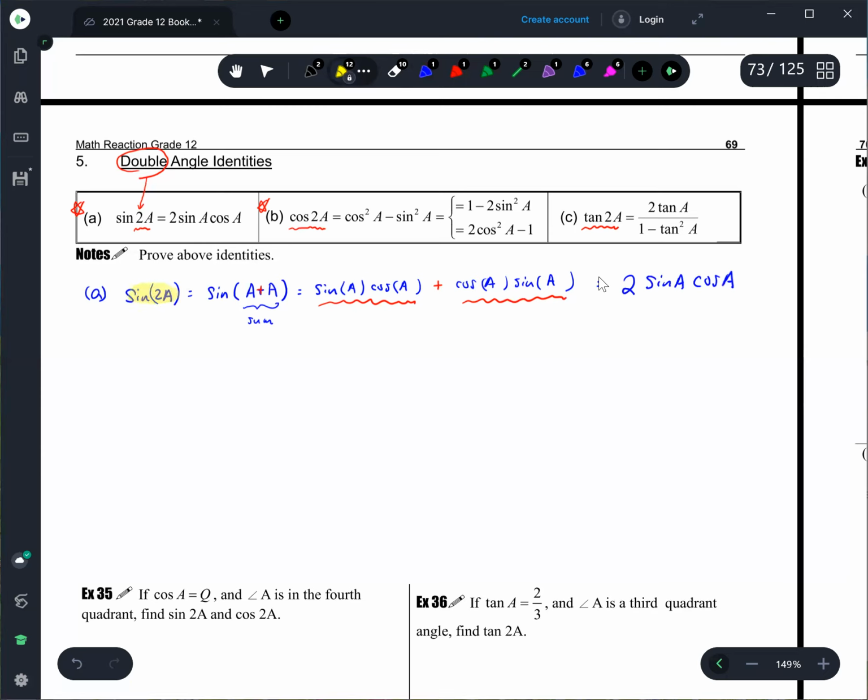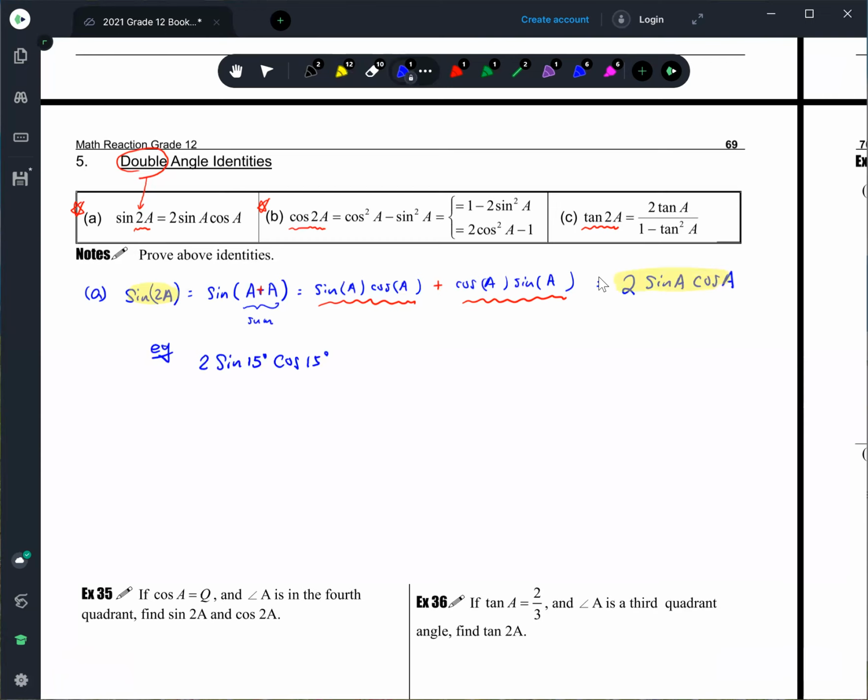If you look at our first identity, sine 2A equals 2 sine A cosine A. Let's say, for example, I have 2 sine 15 degrees cosine 15 degrees.